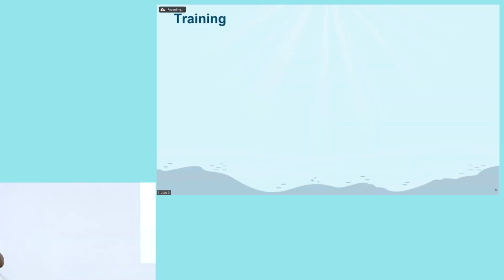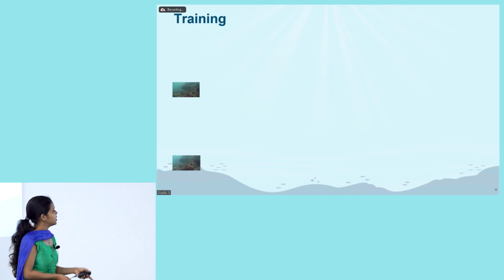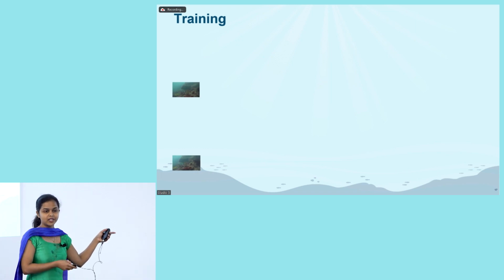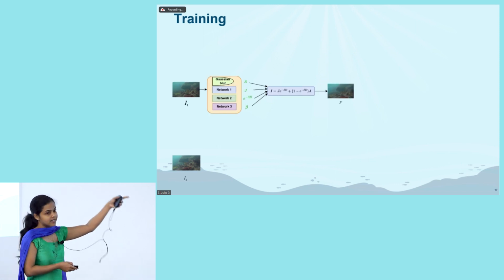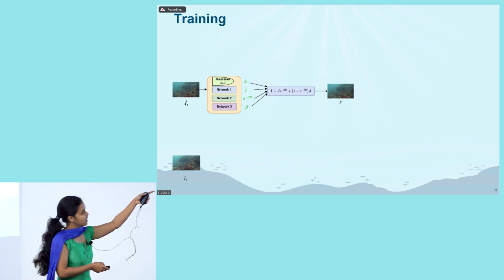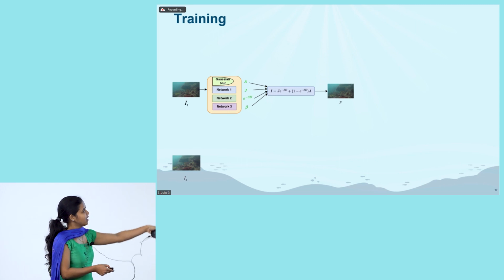So, how can you club these 2 mathematical models during training? I have 2 images from my underwater video, 2 adjacent images, I1 and I2. First I1 is disentangled into its components, then combined to get I1 back, that I have explained.